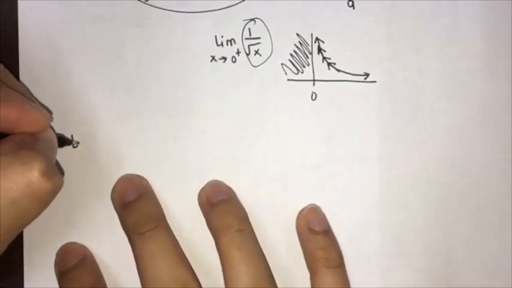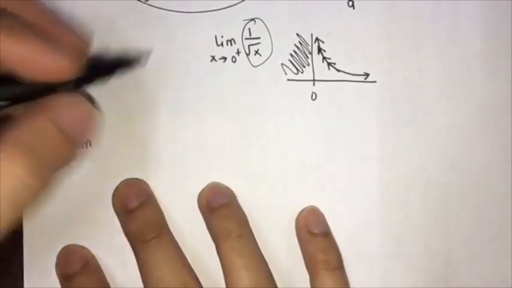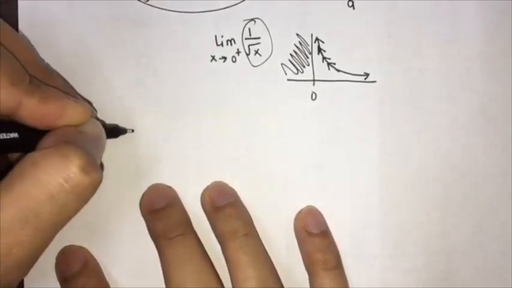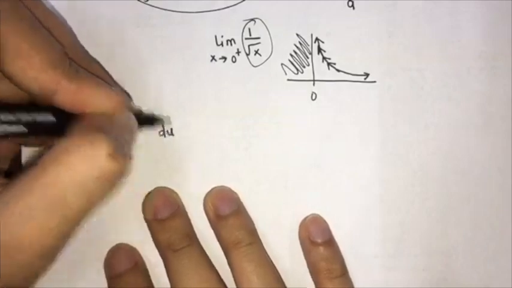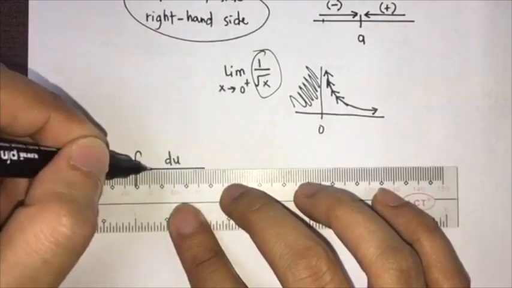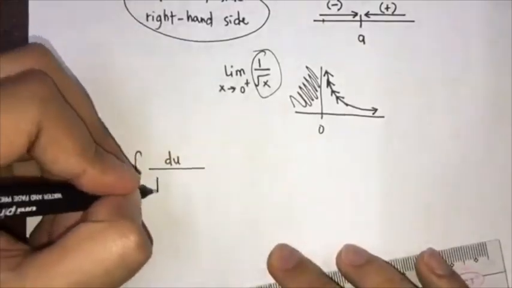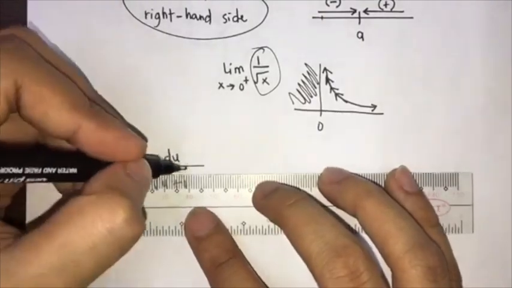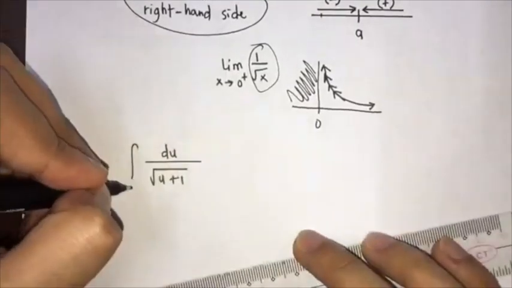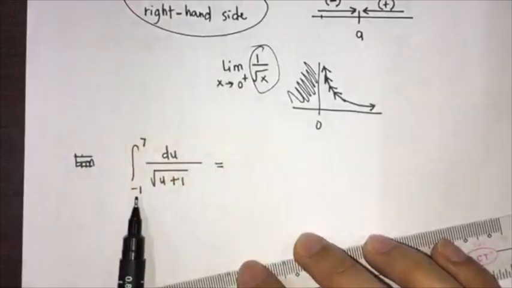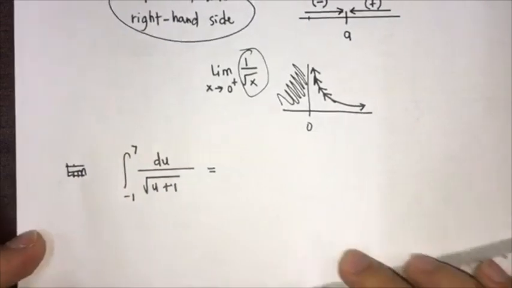So the limit of the integral of du over square root of u plus 1 from -1 to 7. We'll replace -1 with a letter.